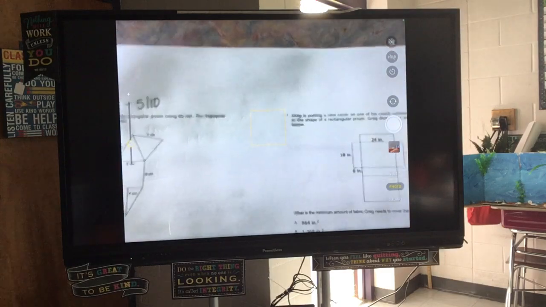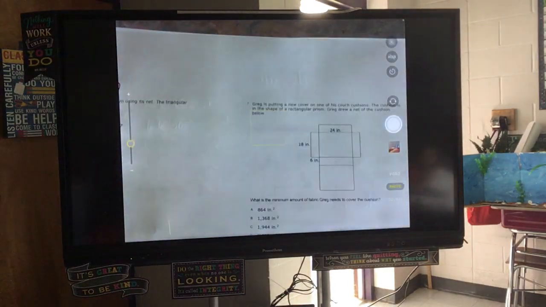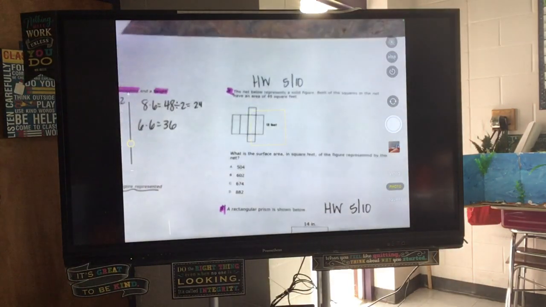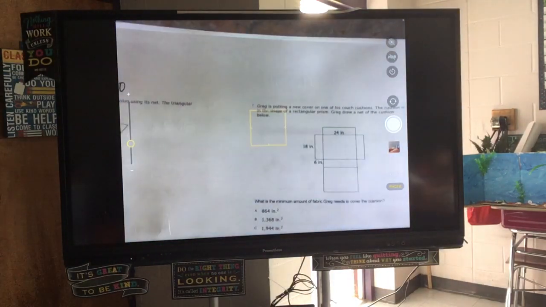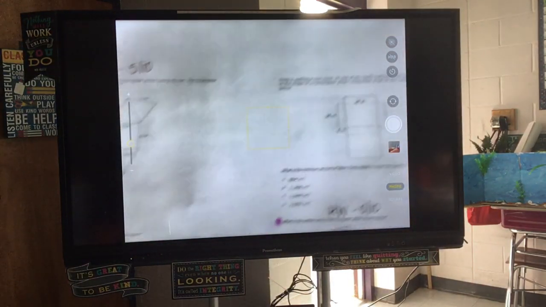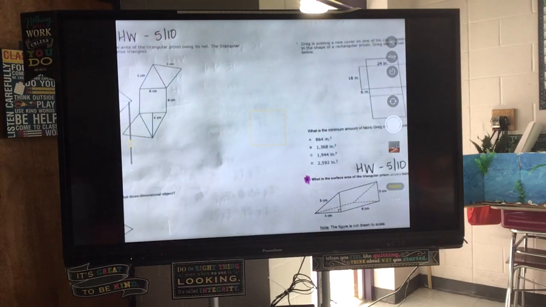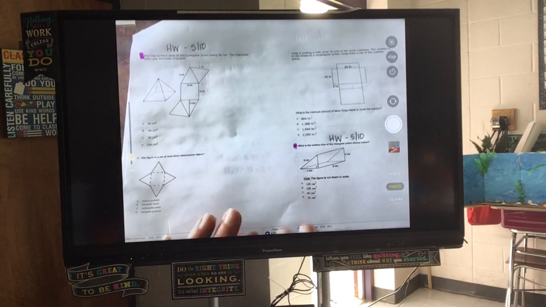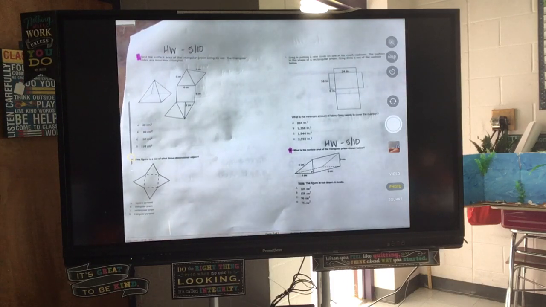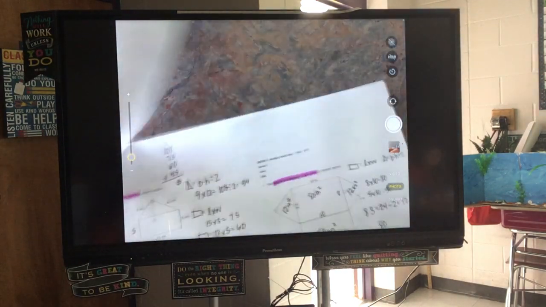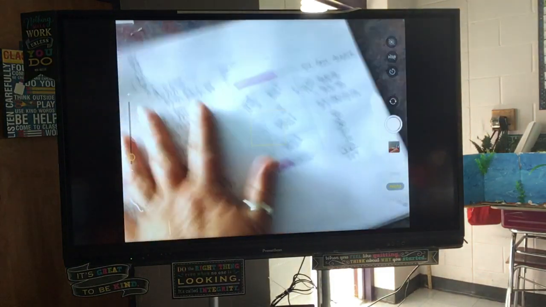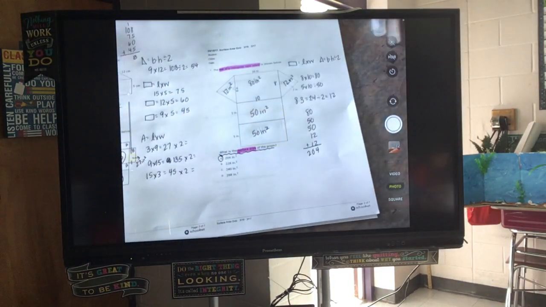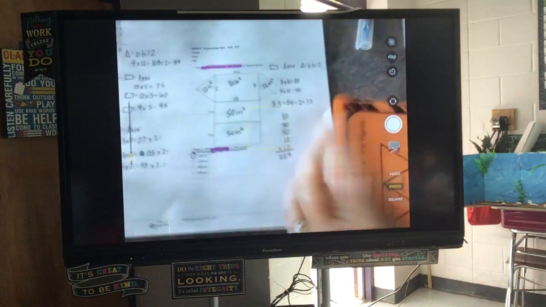Okay, so we have 4, 5, 8, 9. What about 7 and 10? Can we do them if we want to? Absolutely, but if you do those and not the ones for homework, you don't get credit. All right, so you have 4 problems for homework tonight. Go ahead, take this. You can get started because I just have to go around and take these up real quick on your homework if you would like. Give me like 2 minutes.